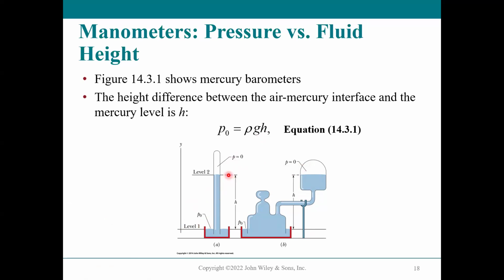Rho G times the depth or the height of this one. So this one is the application to manometers, pressure versus fluid height. We can calculate the pressure at this one by the height of the fluid.